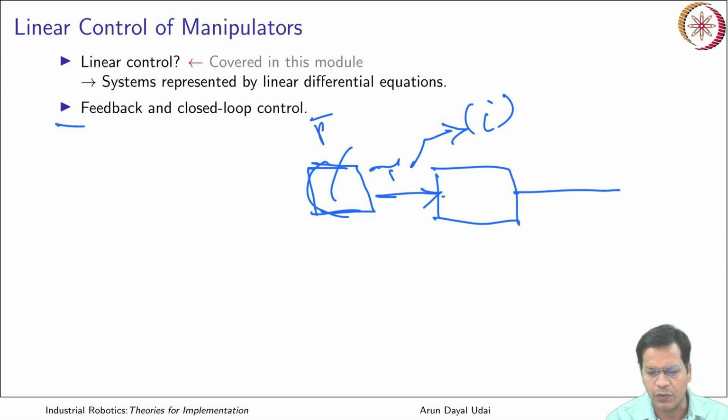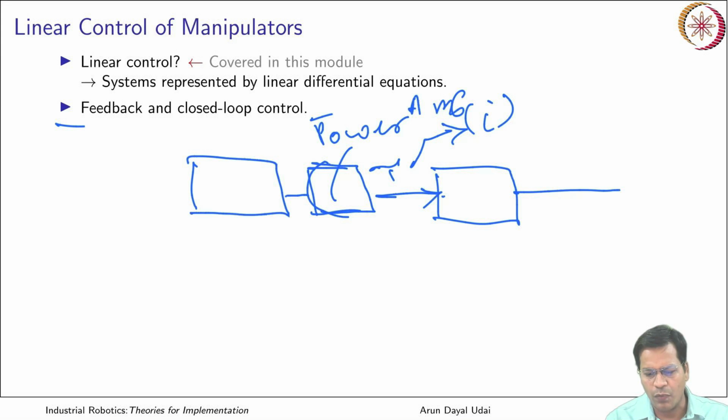Let us say here you have a power amplifier, that actually converts the small input signal that is the output of a system which is known as a controller. Controller is here, that gives you a small signal which will tell this power amplifier, now you feed this current.